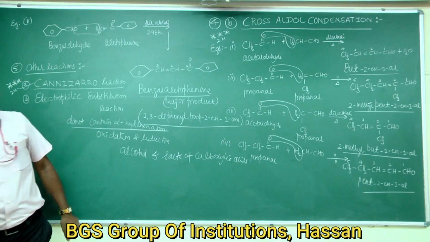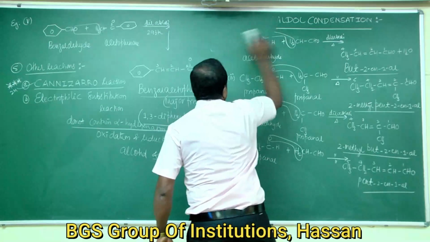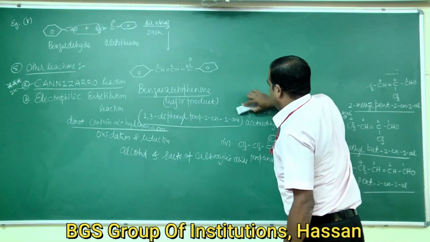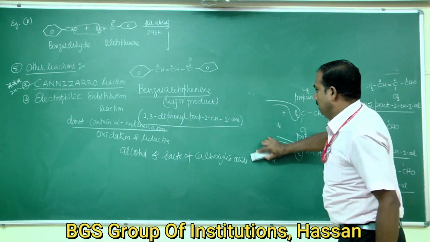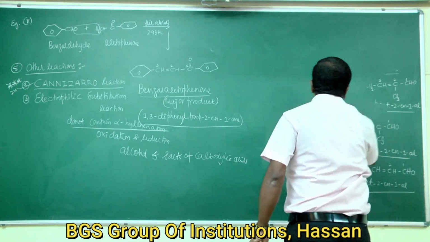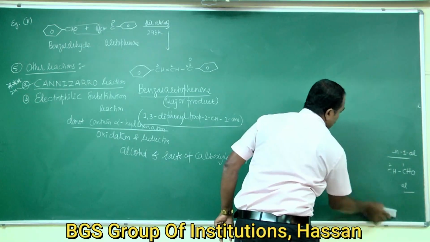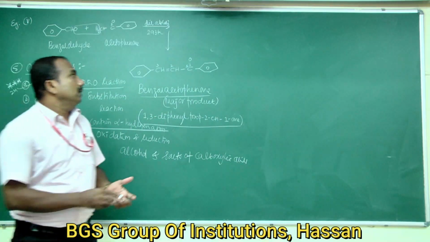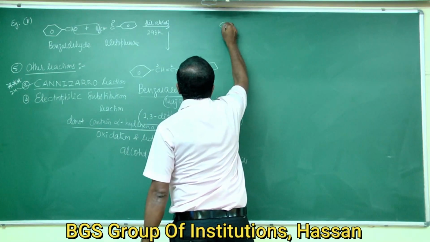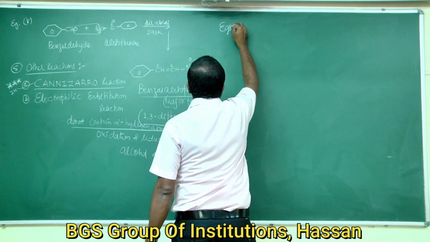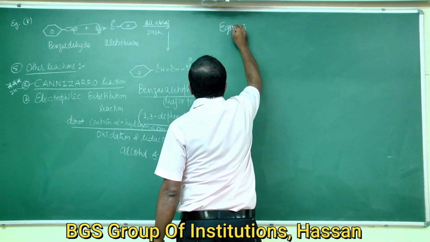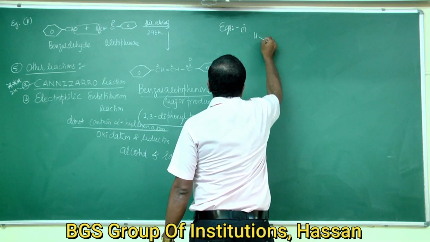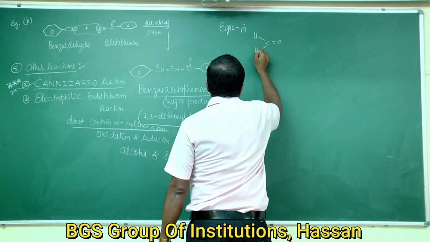An example for Cannizzaro's reaction: first example, you take the aldehyde formaldehyde, HCHO.